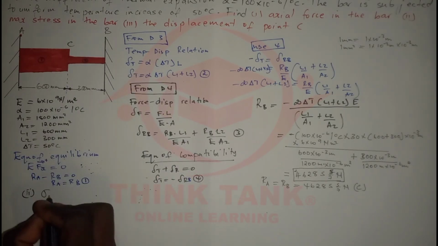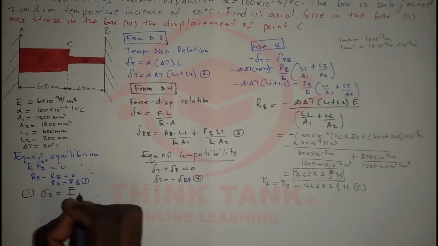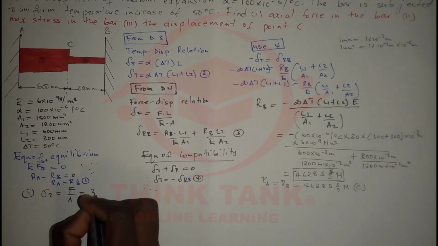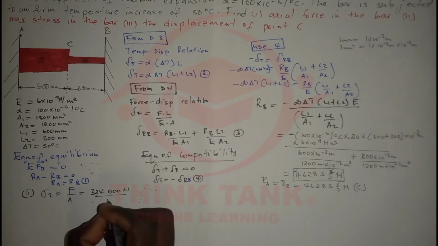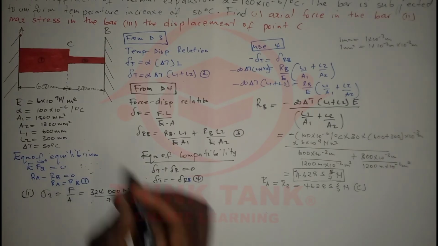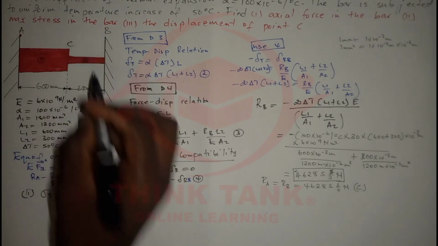So I'm going to write the stress of 2. The formula of stress is force over area, and the force is equal to this one. If you write this one as a fraction, it's going to be 324,000 newtons divided by 7. And for the cross-sectional area of 2, let me write 2 right here to indicate that it's the area of the second part.